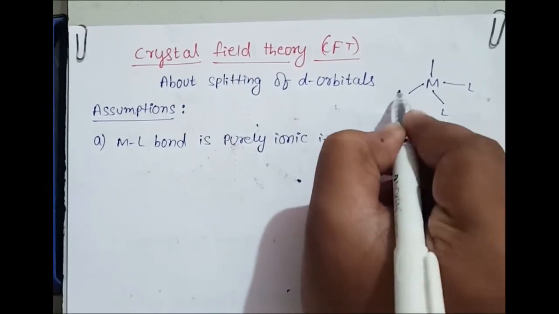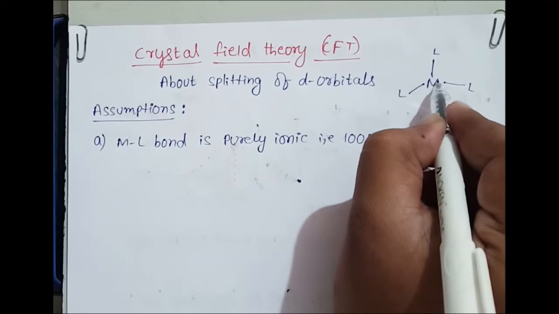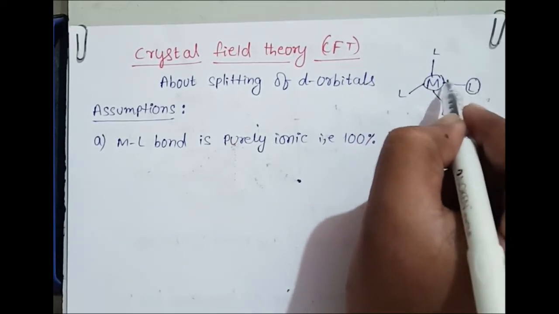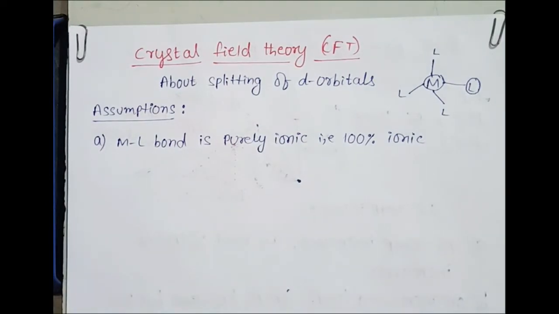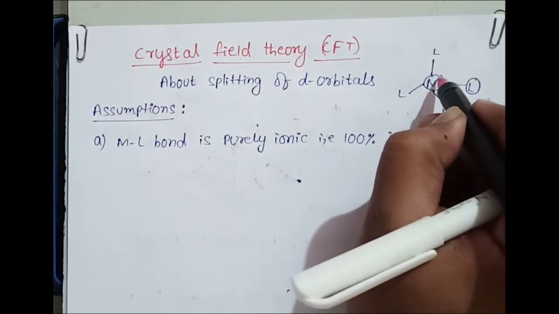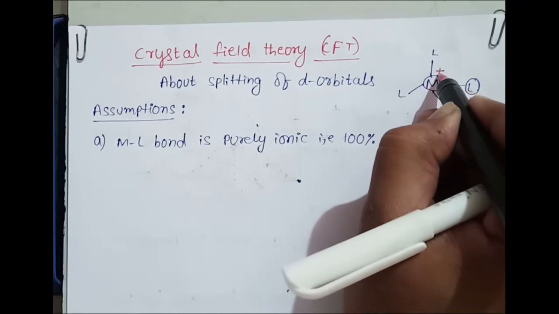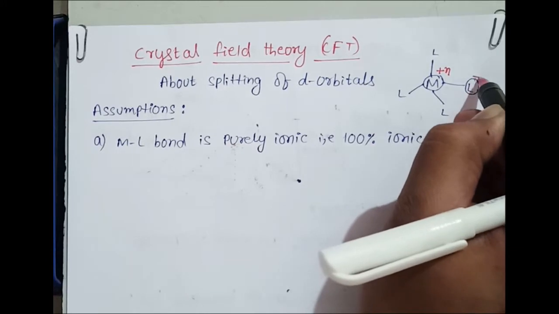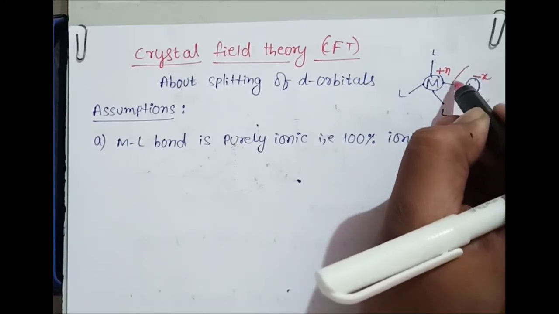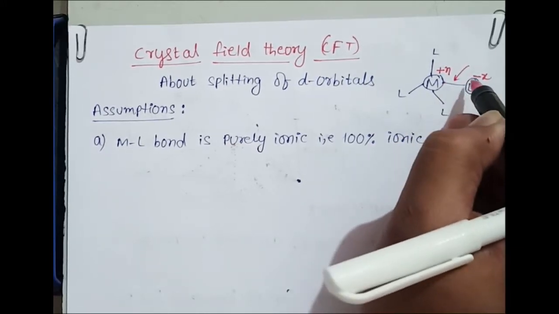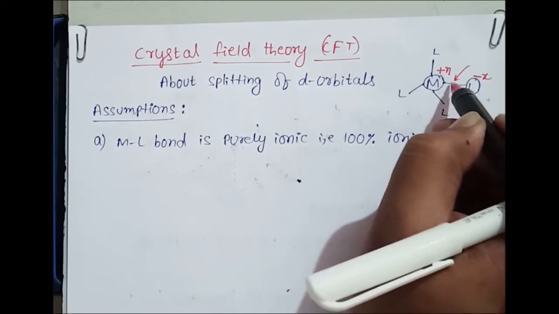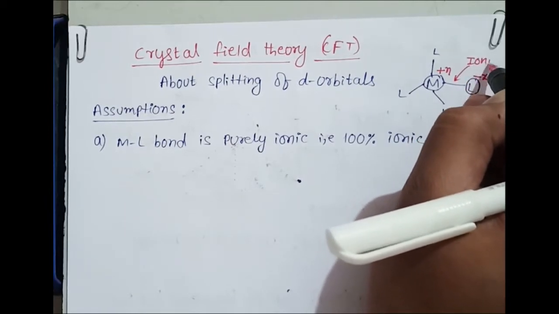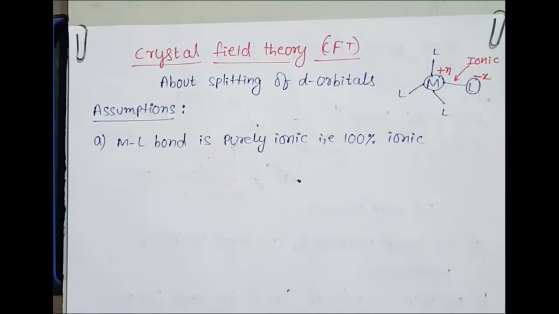Here the bond between metal and ligand, they are saying the ligand will completely transfer the electron to the metal, and the metal possesses positive charge, let us say plus n, and the ligand has minus x charge. So the bond between metal and ligand is a bond between opposite charges. That is what they call an ionic bond.